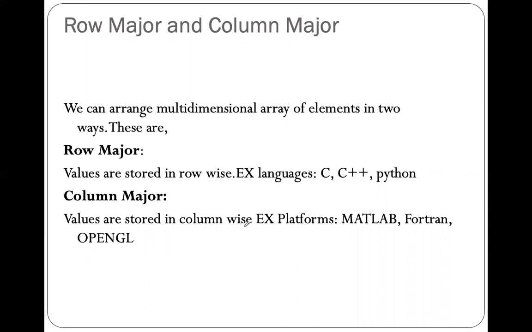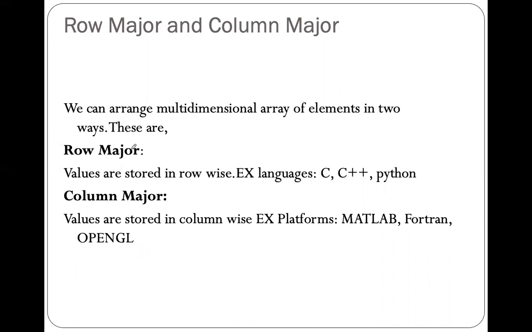Fortran is a very old language, and MATLAB is recently used by everyone for image processing applications. OpenGL we also never use in normal applications. This is for scientific use. So in these languages, column major memory representation will be used.